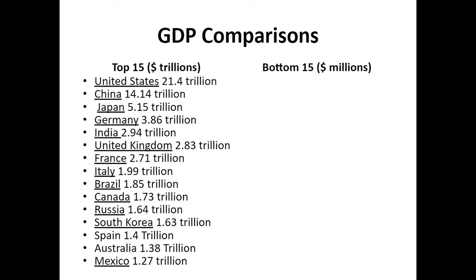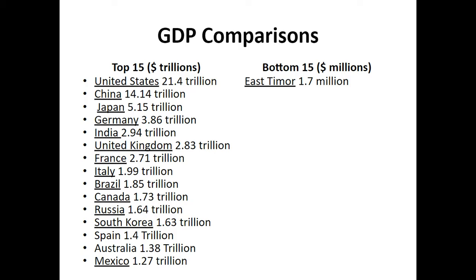The United States and China are clearly the top two economies, with the United States at 21.4 trillion and China at $14.14 trillion in gross domestic product. There's a sharp fall off between China and Japan, but then all the other countries are pretty close together in the amount of products and services that they are making per year.